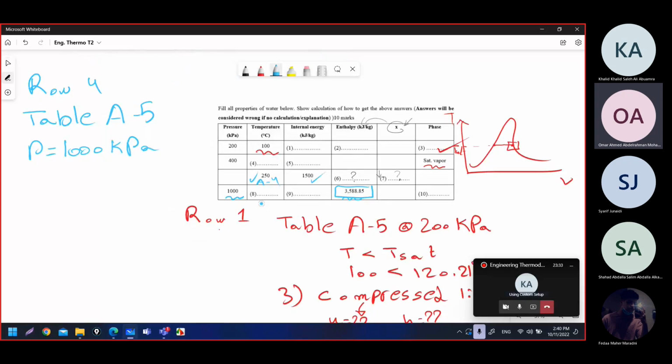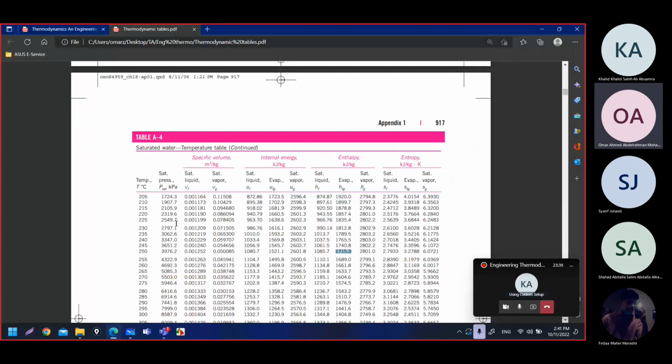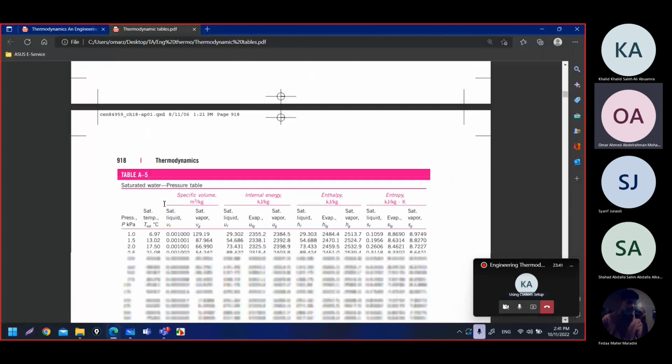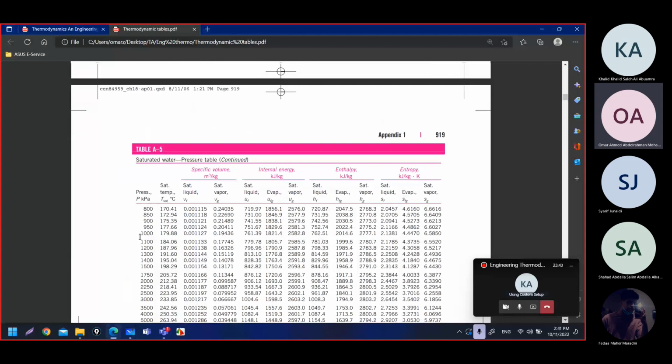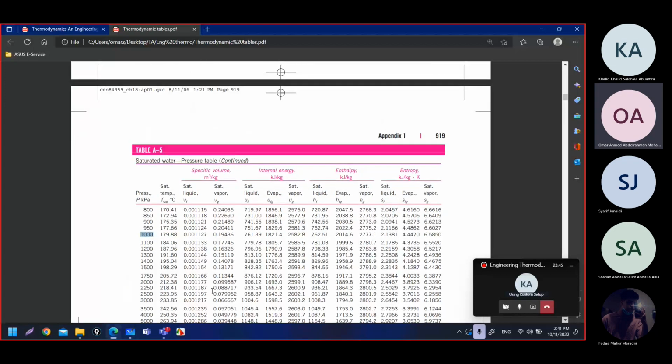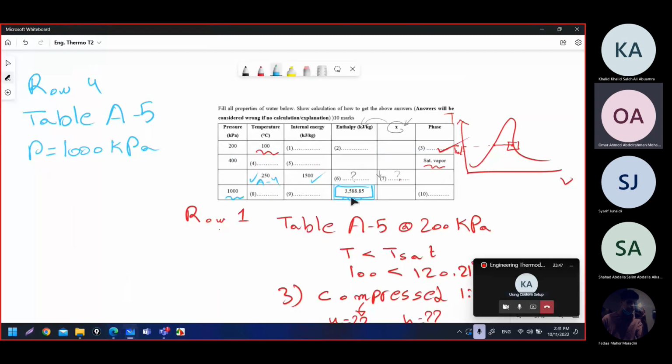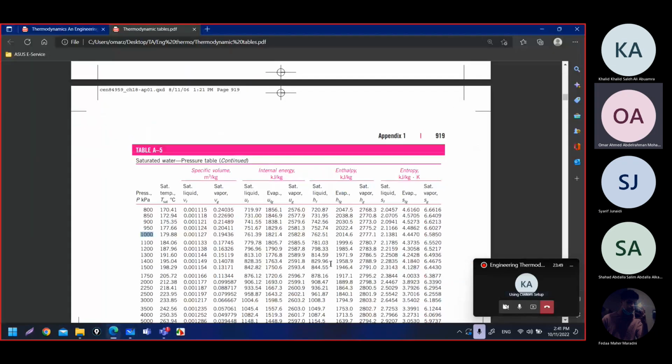Let's see. I will go to table A5 at 1000 kilopascal and compare my enthalpy. The value for my enthalpy is 3588. It is higher than HG, which is 2777.